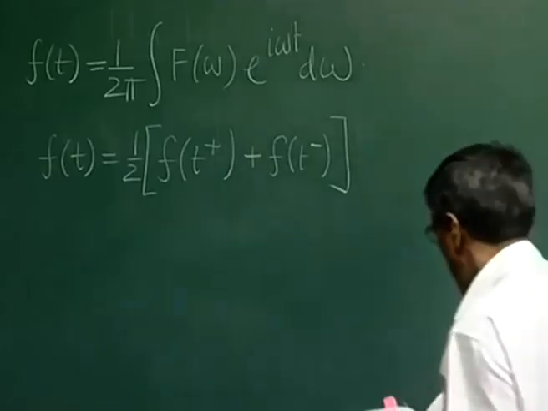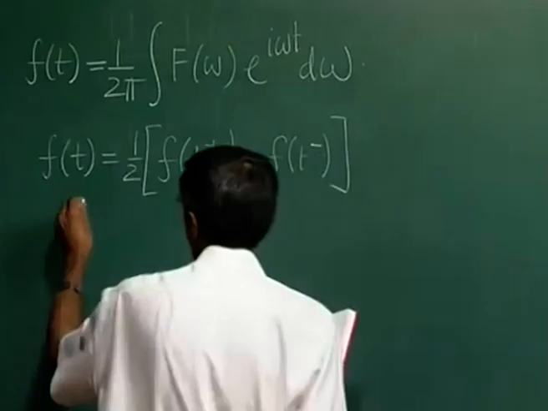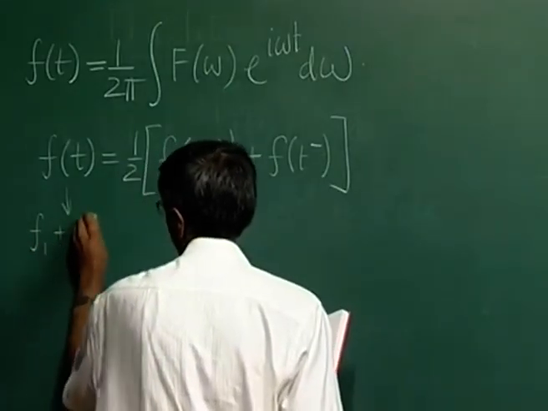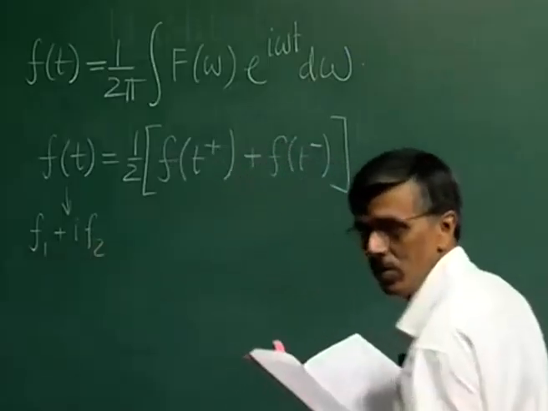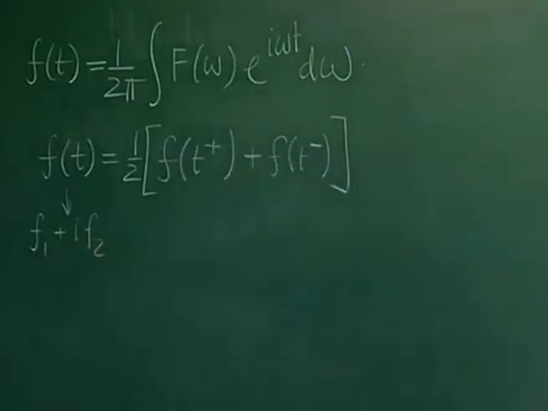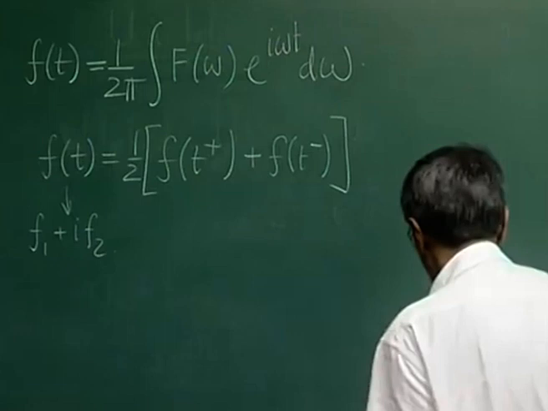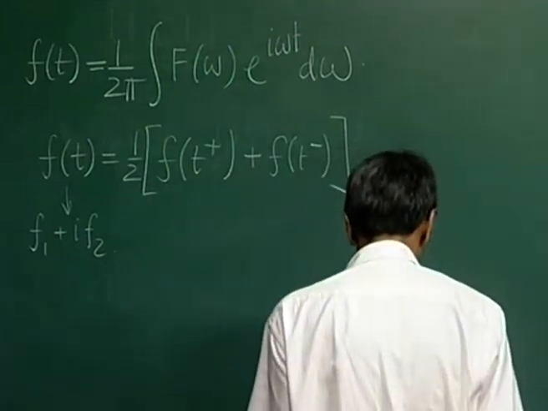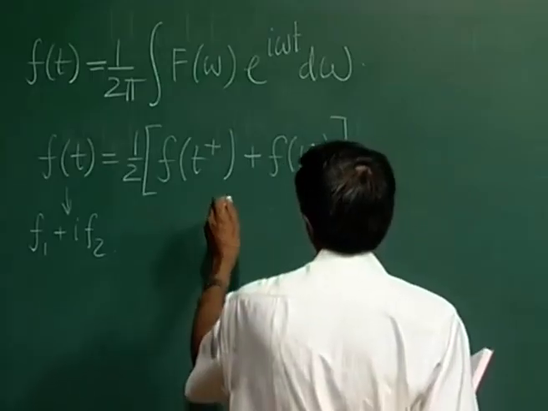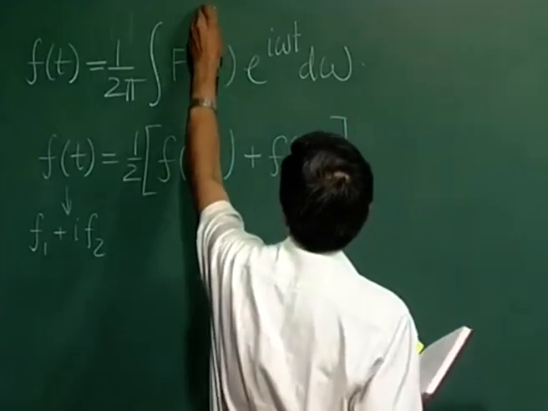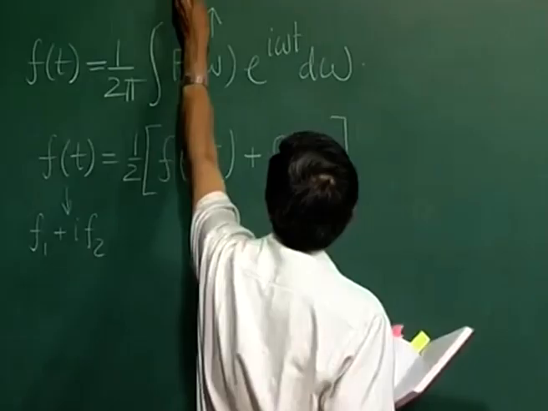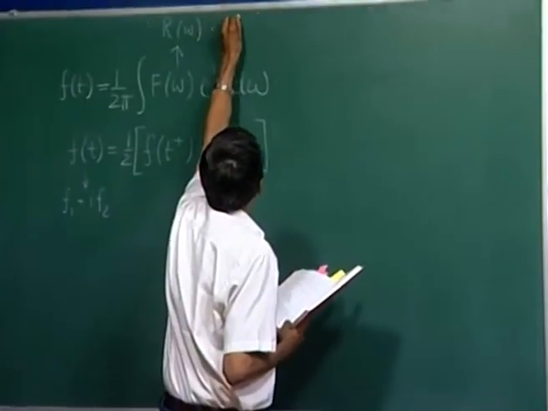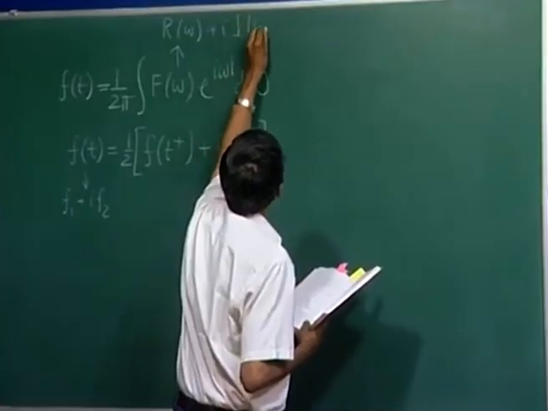Now, f itself could be, let us say, f 1 plus i f 2. What I could also do is represent this f of omega as a real part plus an imaginary part, right.